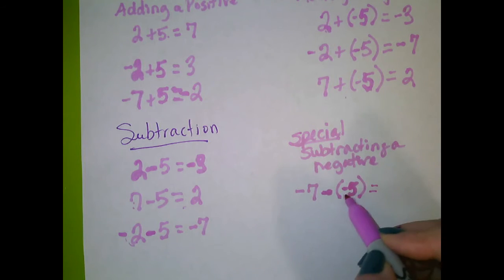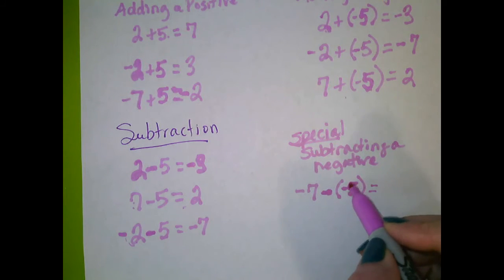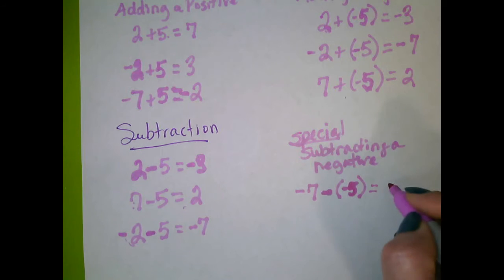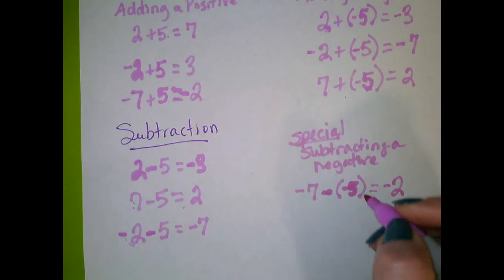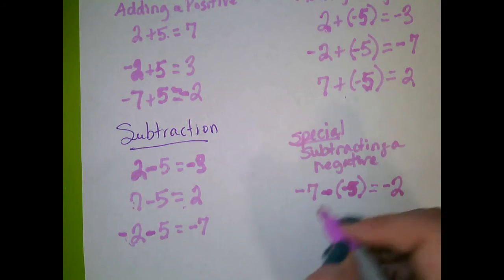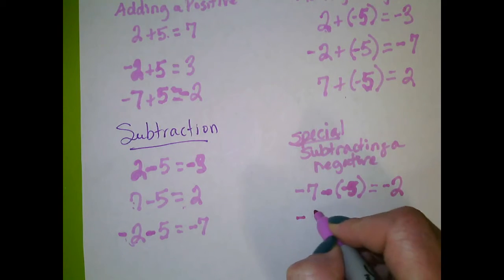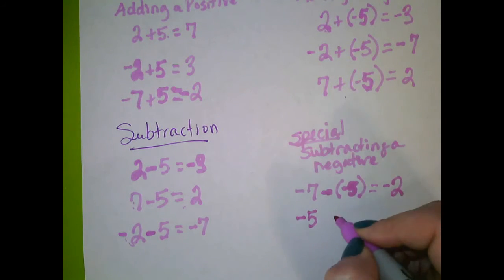Well, if he takes away $5 of what you owe, you're only left owing $2. Y'all hear it? You're taking away a debt. What if you are owing $5?